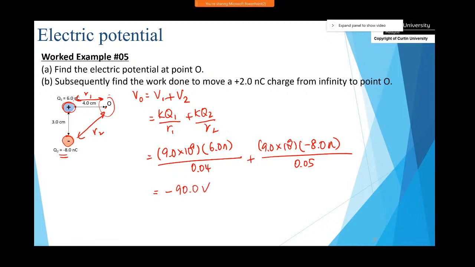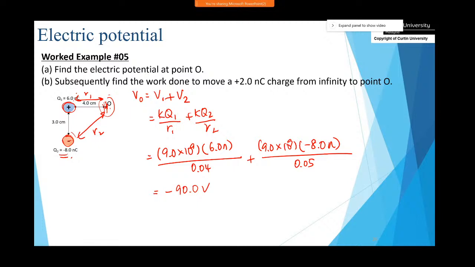So we get negative 90 volts. Which means here, at this point, the negative potential has higher influence. If you look at the distance and also the charge value, it makes sense, yeah?